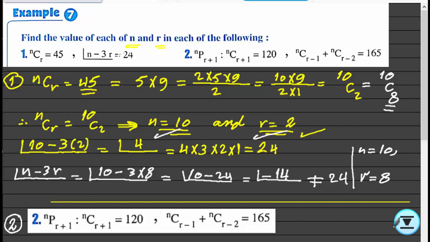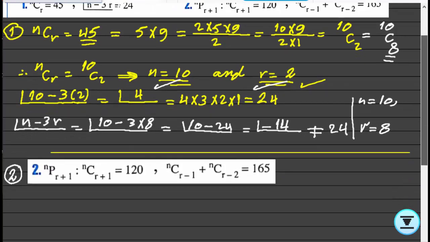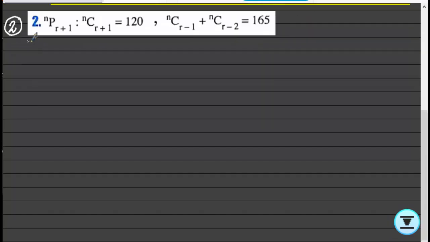Okay, now part 2. We have nPr plus 1 divide nCr plus 1 equals 120.